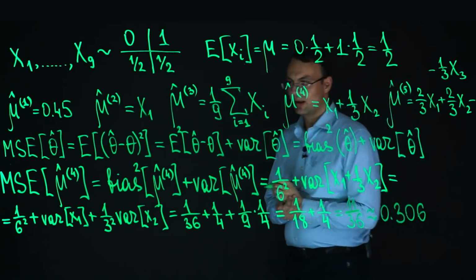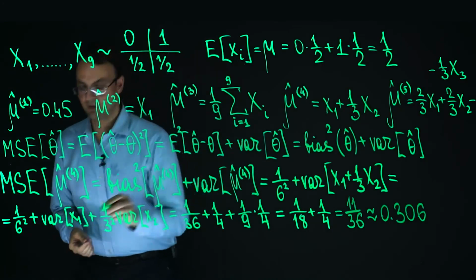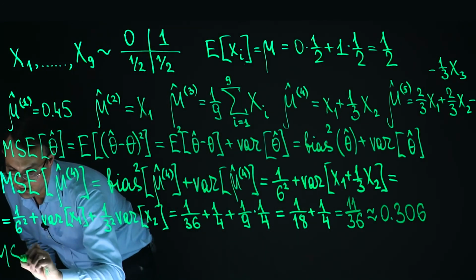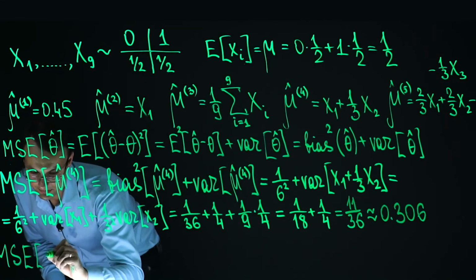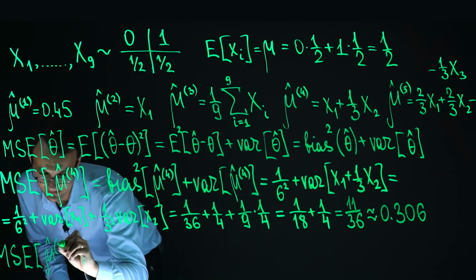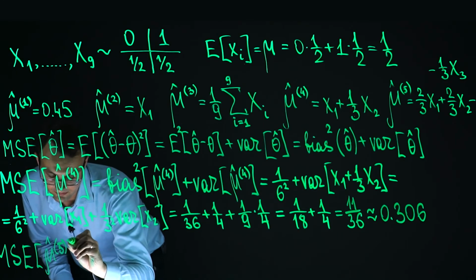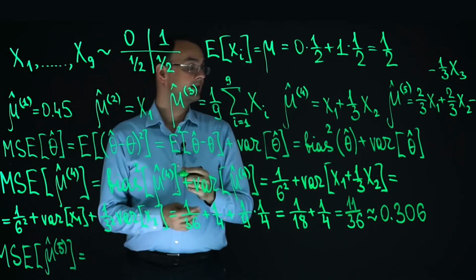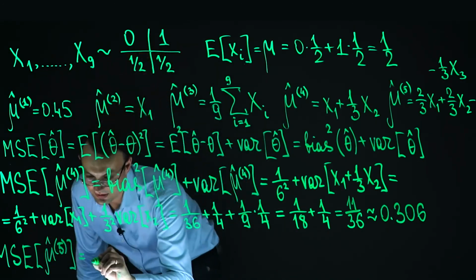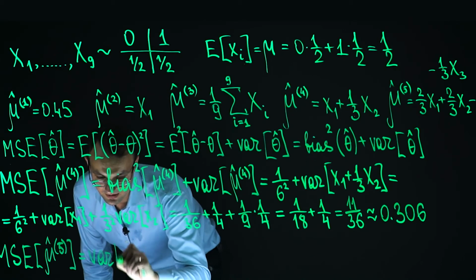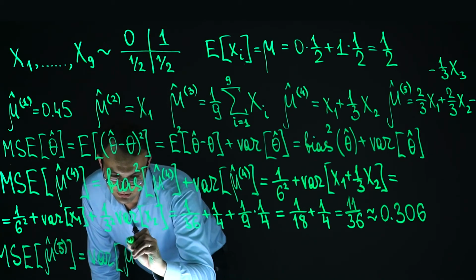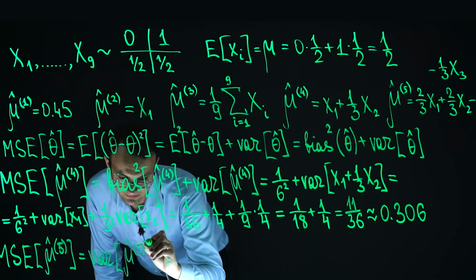And the last one is mu 5. MSE of mu hat 5: mu hat 5 is unbiased, so it is just the variance of mu hat 5.